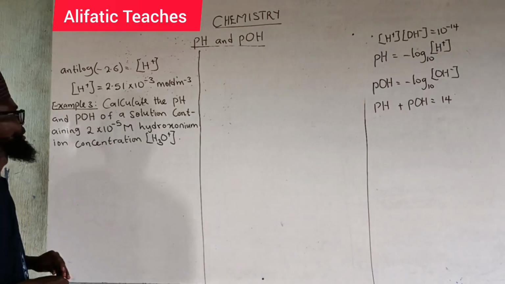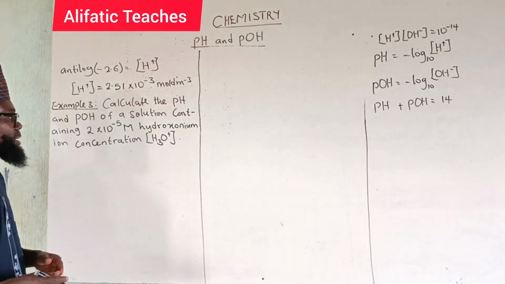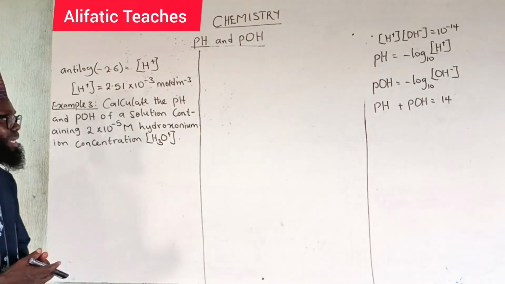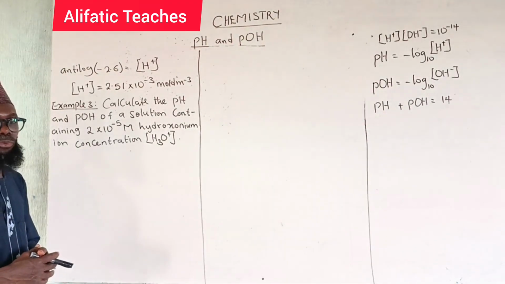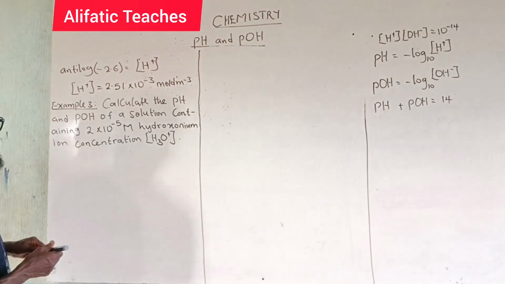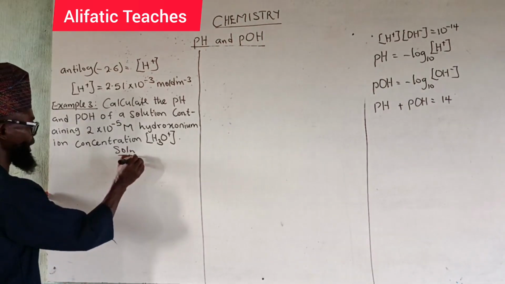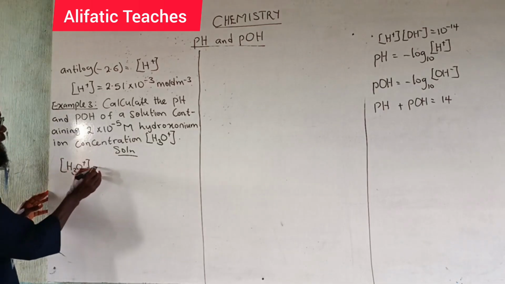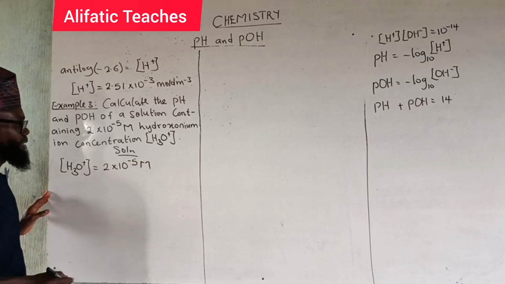Example 3. Calculate the pH and pOH of a solution containing 2 times 10 to the power minus 5 molar hydroxonium ion concentration. To solve this question, we are given the concentration of hydroxonium ion as 2 multiplied by 10 to the power minus 5 molar.